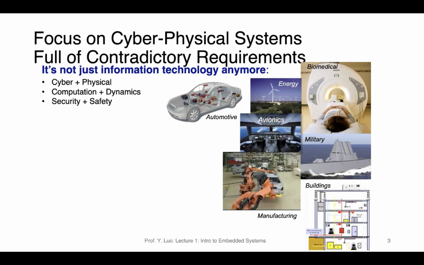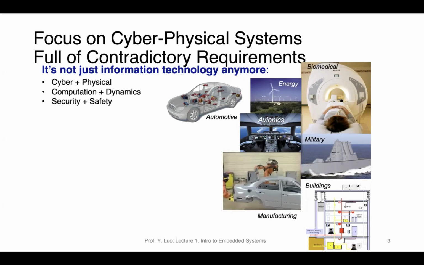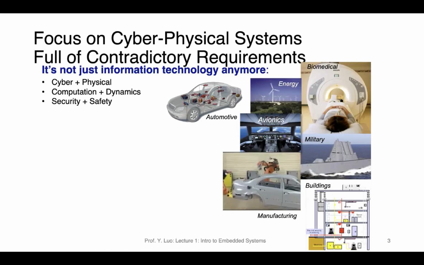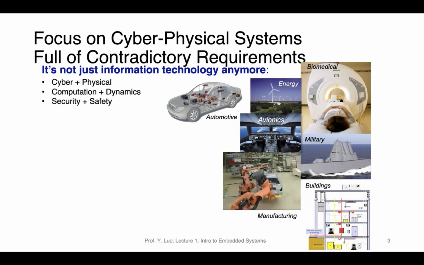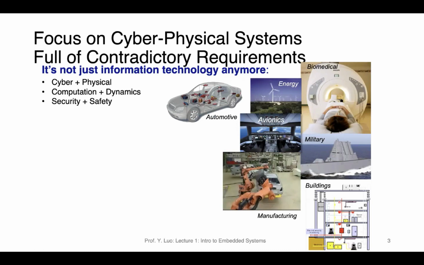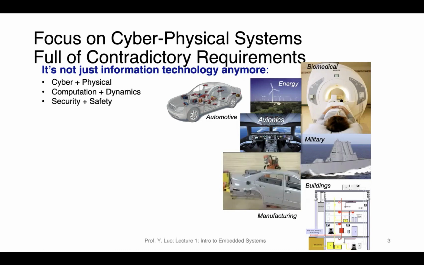And the idea is to use cyber systems to interact with physical environments, physical dynamics. So there's a computation perspective and a dynamics perspective. The dynamics could be continuous dynamics, or could be discrete dynamics. Like the robotic arm in this picture, it moves continuously.